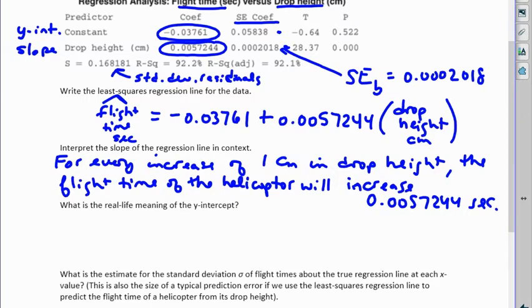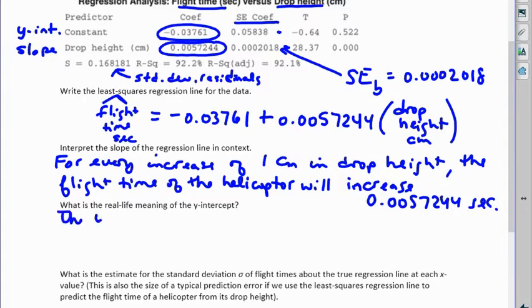What is the real life meaning of our y-intercept? That depends on what kind of domain you have for your data. This y-intercept, where x is 0, is very far away from the rest of the x data that was used to make this.